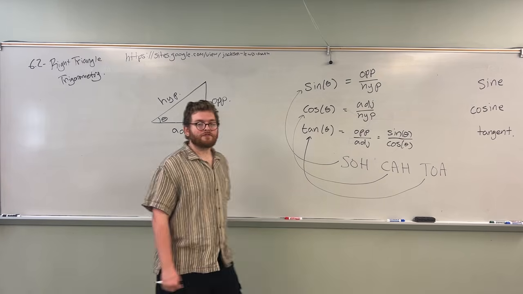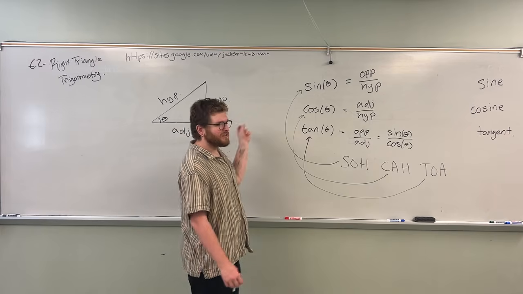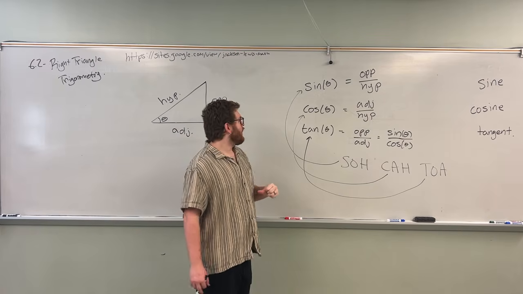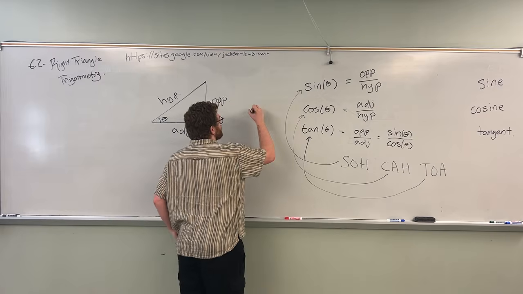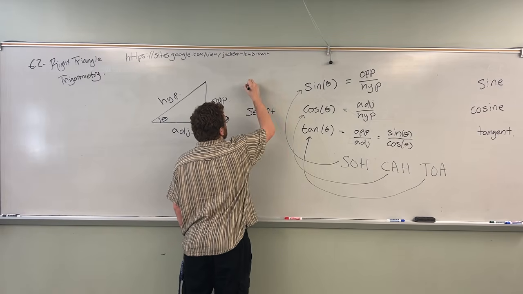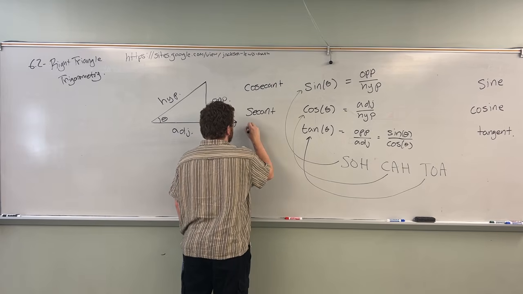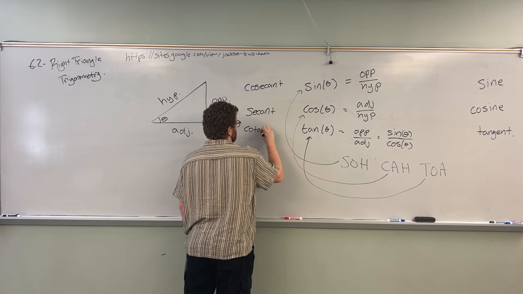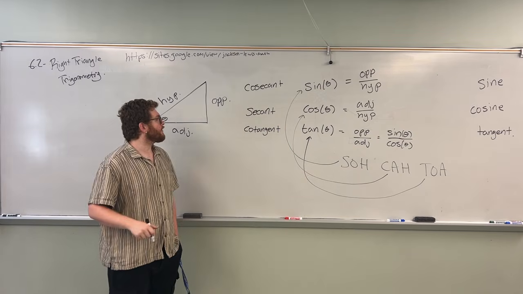There are three more functions which are the reciprocal functions of these. These are a little more difficult to remember, so just write them down and go over them a couple of times in your head. These are secant, cosecant, and cotangent. And these just mean take one over the other function.